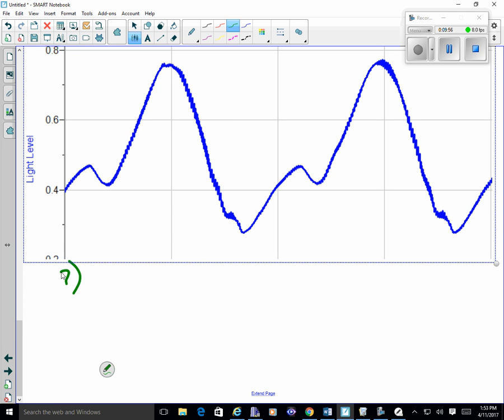So sometimes you're seeing the light when it's turned on, and sometimes you're seeing the light when it's turned off. So when the amplitude gets really, really high, that means the light gets brighter. So that's your answer to number 7. If the amplitude goes way down, like over here, that's when it's dark or there's no light whatsoever.